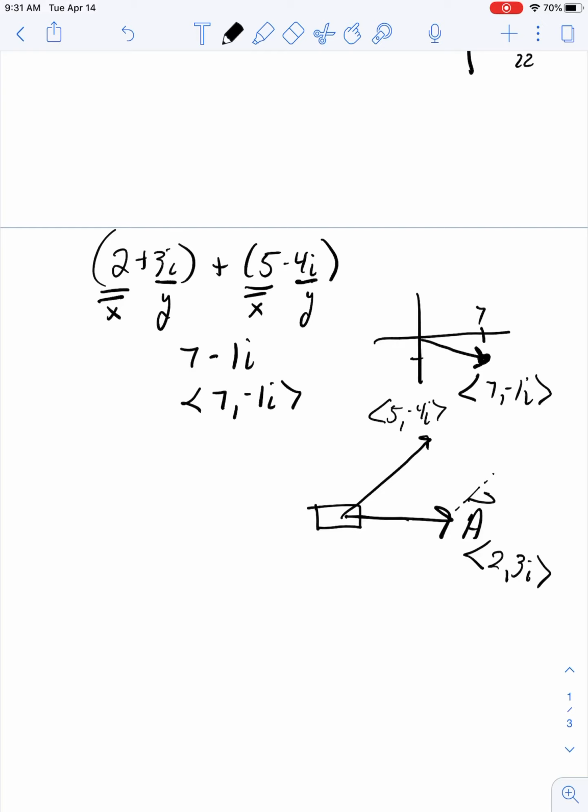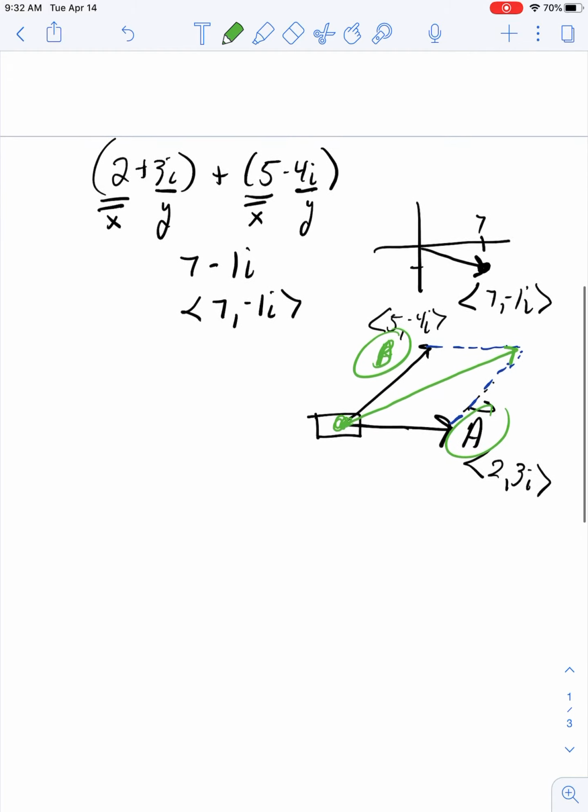Basically what you have here is a parallelogram, and the result of this is this diagonal measure here. So it's the result of two people, B and A, pulling on an object or pushing an object, or kicking a soccer ball, all that. This is the result of those two components. Again, we're just doing the math. The application comes much later.